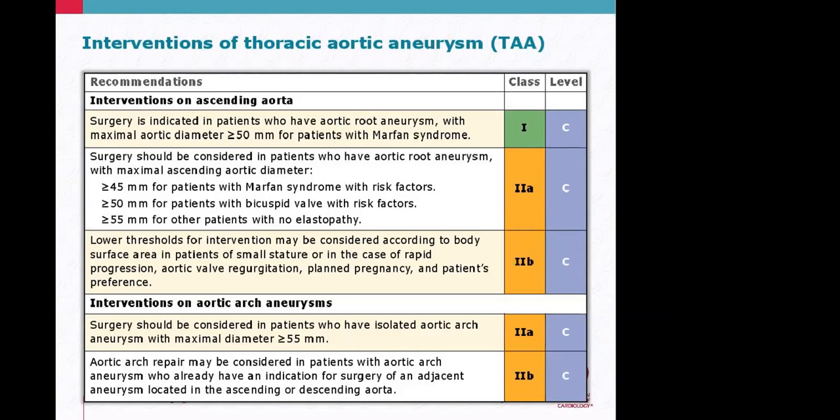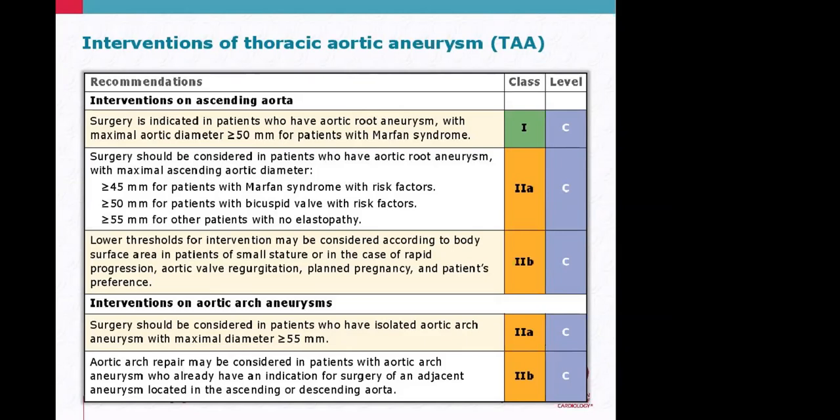Patients with connective tissue disease will usually go less by 0.5. So with Marfan syndrome, we will intervene at 5 centimeters. If Marfan syndrome with a positive family history of dissection or rupture, we will go to 4.5.